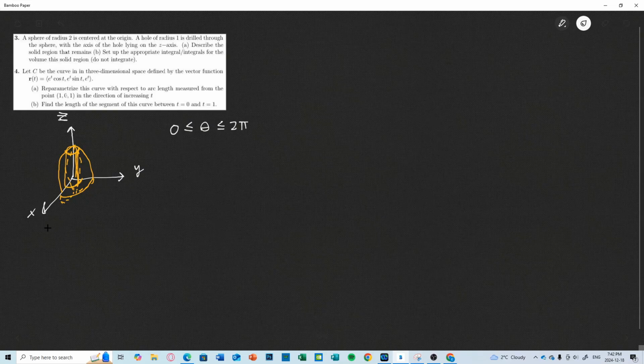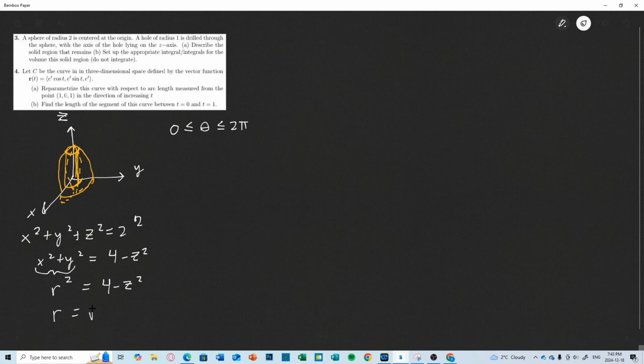But if we write out the equation of a sphere, we'll have x squared plus y squared plus z squared is equal to 2 squared. And then x squared plus y squared is equal to 4 minus z squared. But if you notice, this just becomes r squared due to cylindrical coordinates, which will be 4 minus z squared.